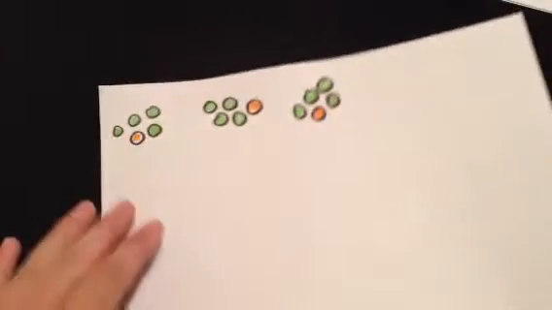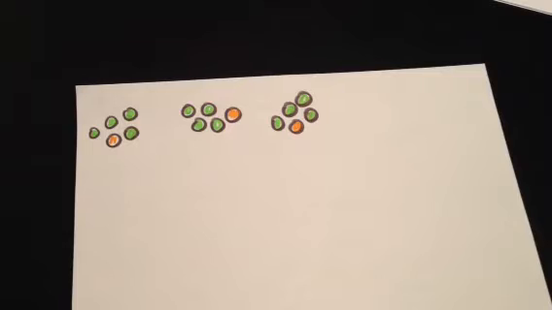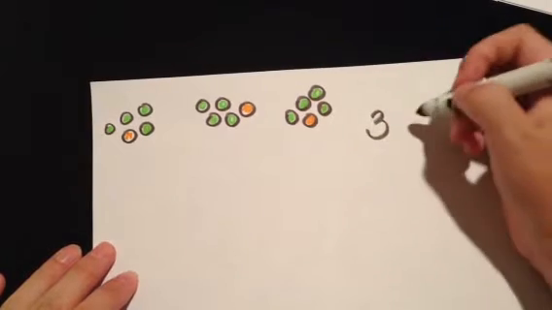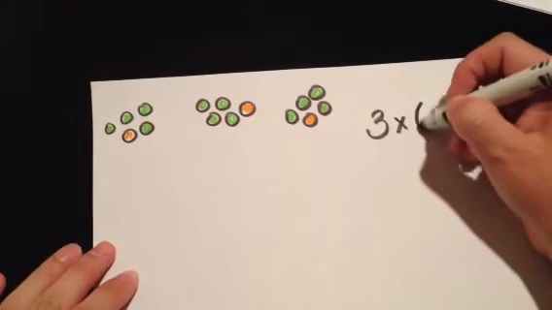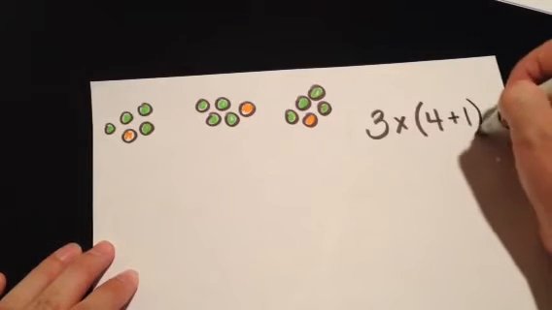We could also show that with a different type of picture, and maybe we have a picture that looks like this. So in this picture, we can see that there are 3 groups, and in each of those groups, there are 4 green circles plus 1 orange circle.